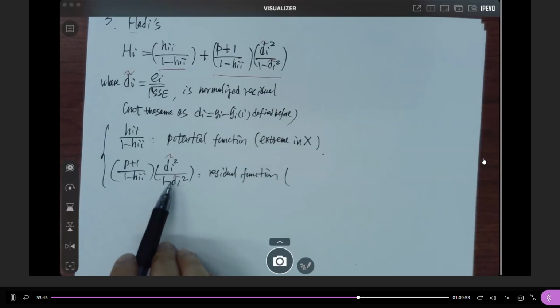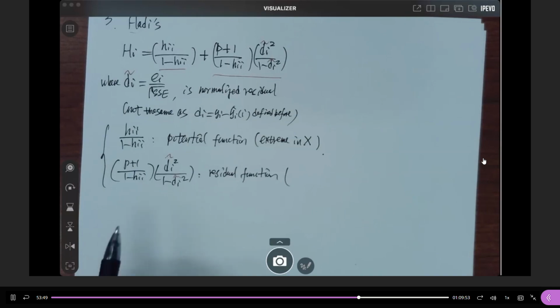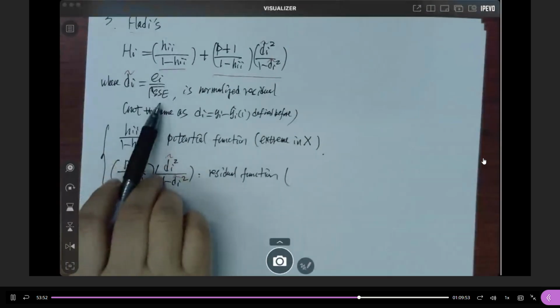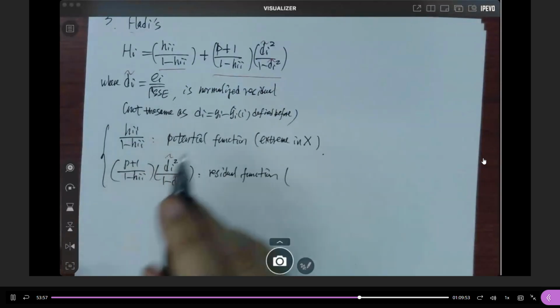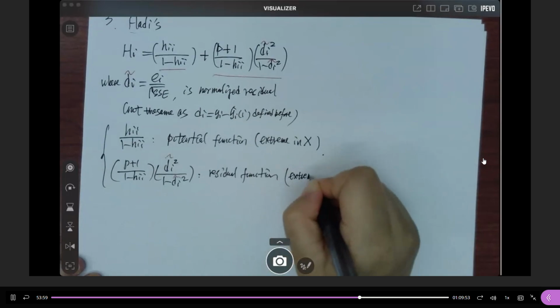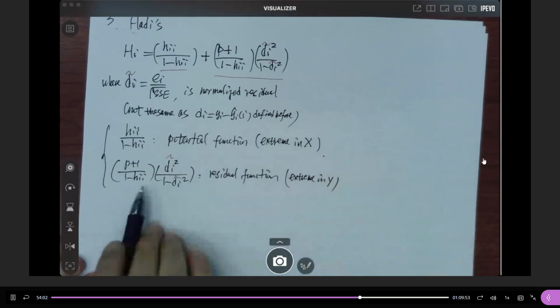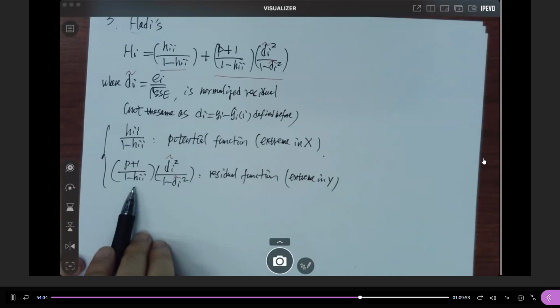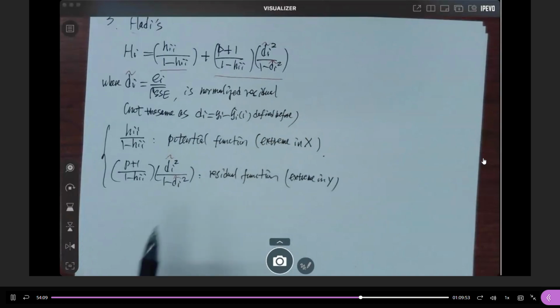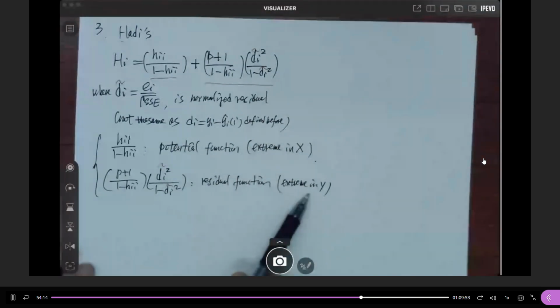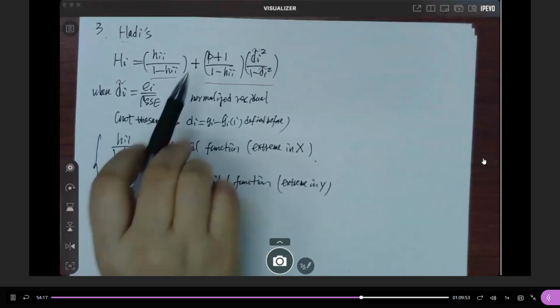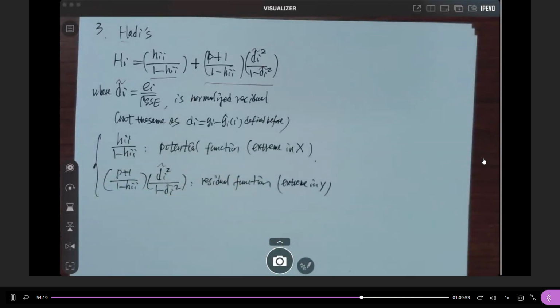So basically, you can consider this the weight of the second part. But what does the di squared measure? Di is defined here, ei is residue. Residue is y minus y hat. So this one actually measures how extreme it is in y, multiplied by something that gives the weight. So a high leverage point also has higher weight. So together you have both outlierness in x and outlierness in y considered, but it's addition here.